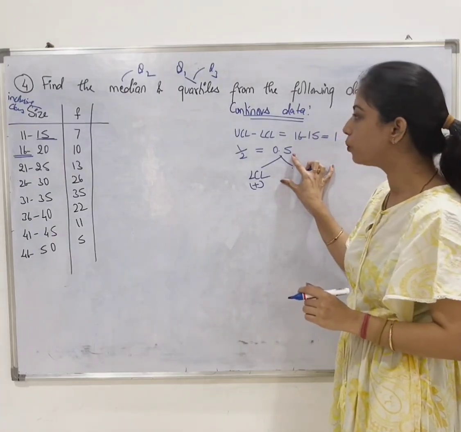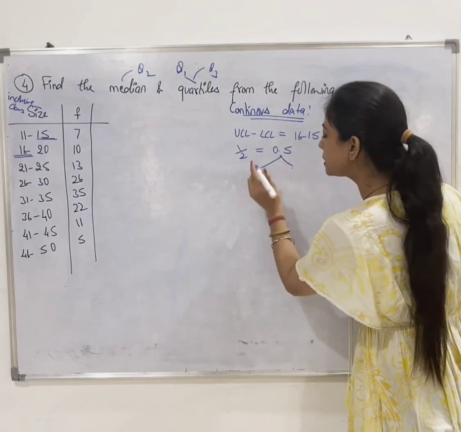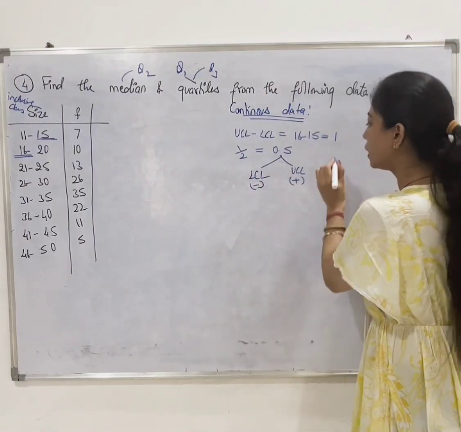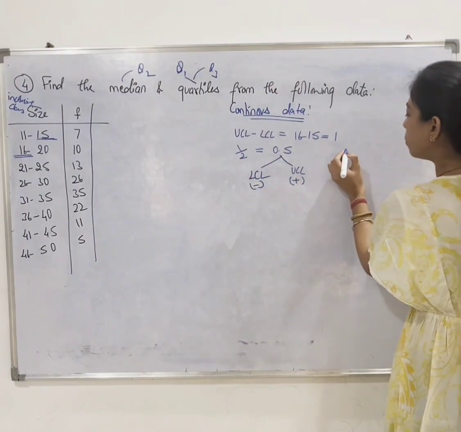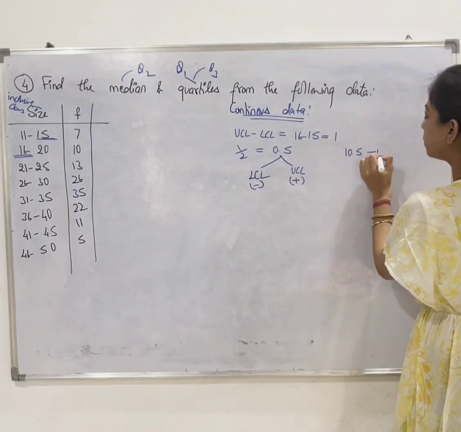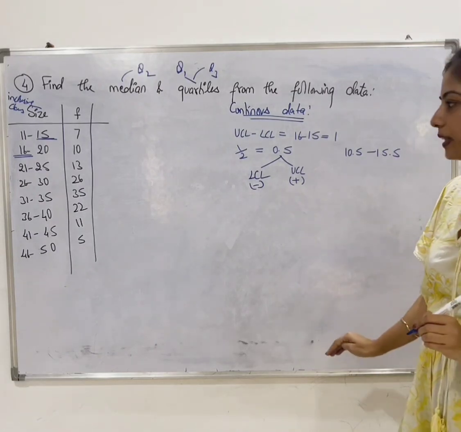We are going to subtract this from the lower class limit and add it to the upper class limit. So here the first interval will become 10.5 and the second interval will become 15.5. This is how we will continue the class intervals.